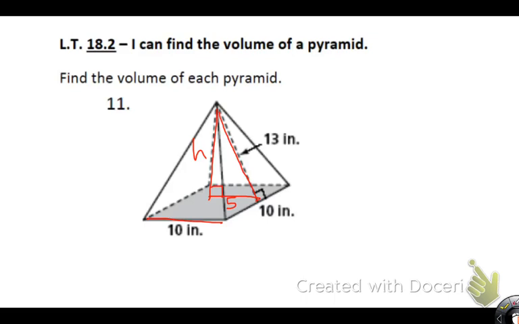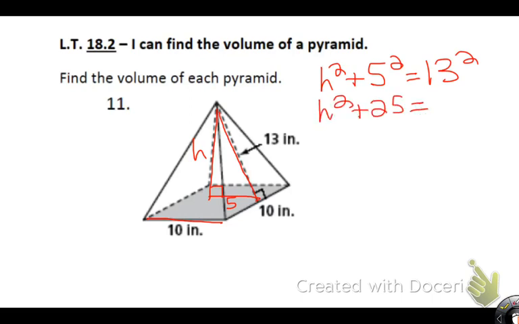So we got h squared plus 5 squared equals 13 squared. So we have h squared plus 25 equals 169. H squared equals 144. When we subtract the 25, take the square root, h is 12.